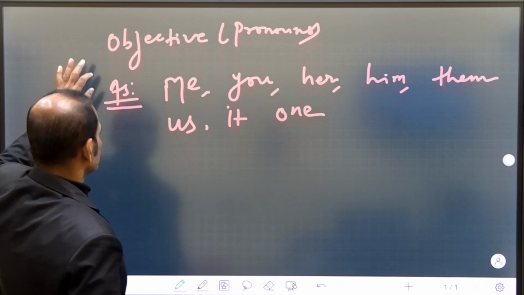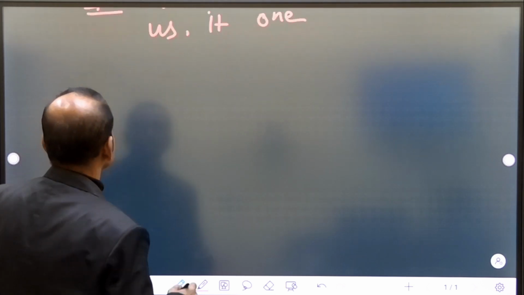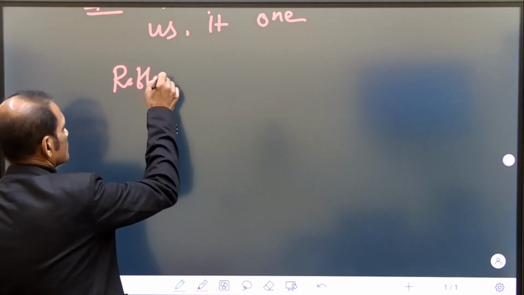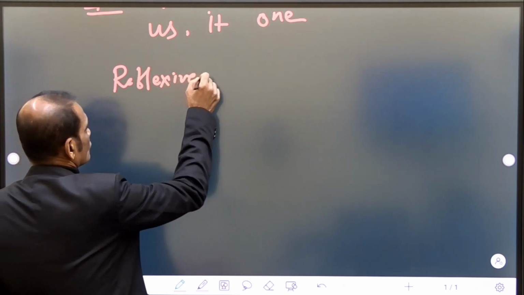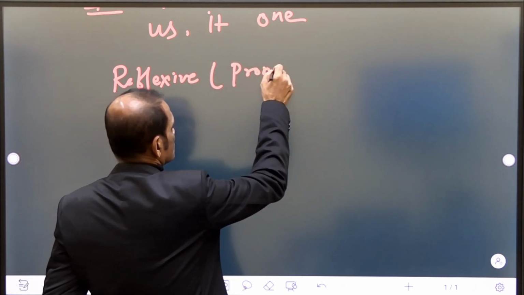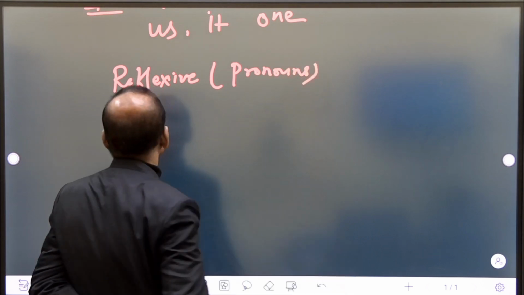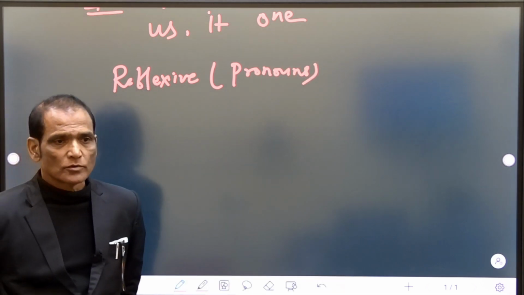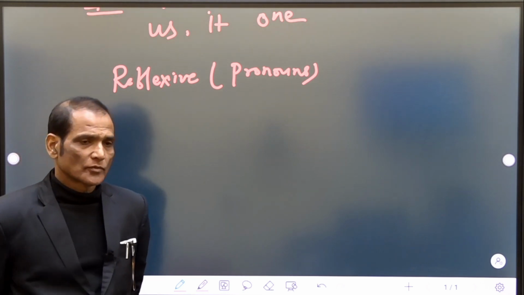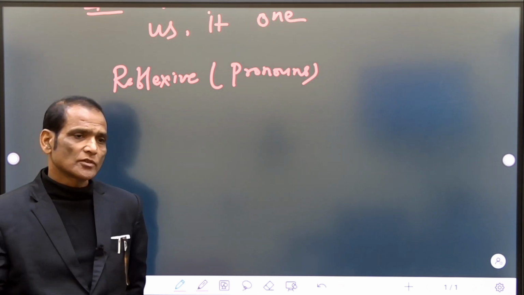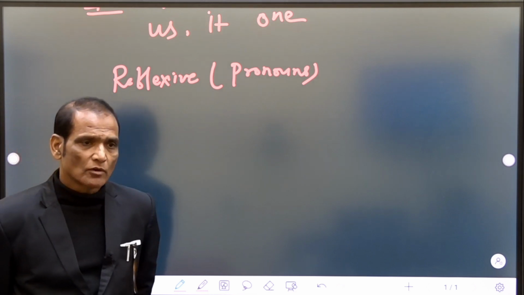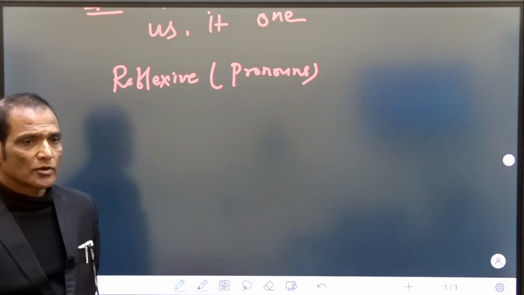Next, reflexive. Reflexive form of pronouns are those pronouns which are used to reflect the sense. When the sense is reflected to the subject and that pronoun is used, it is called reflexive form of pronoun.